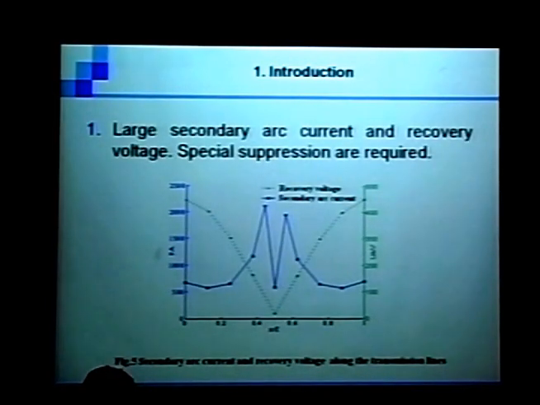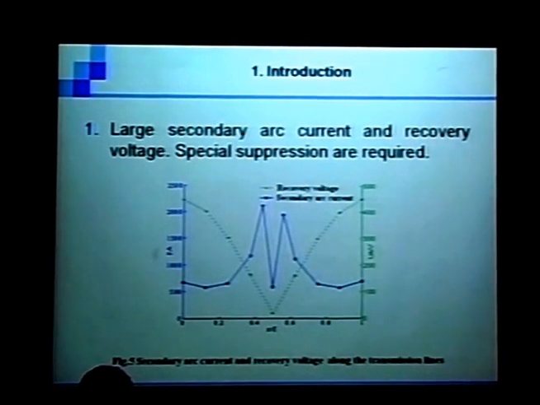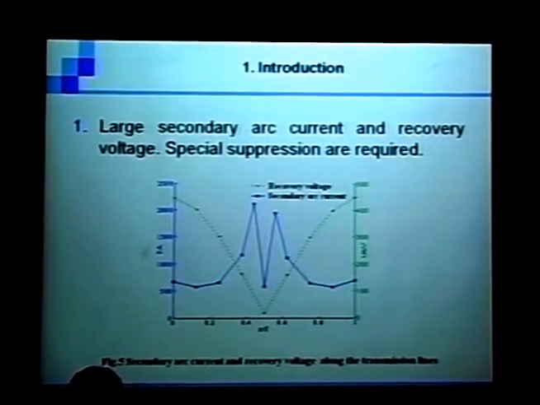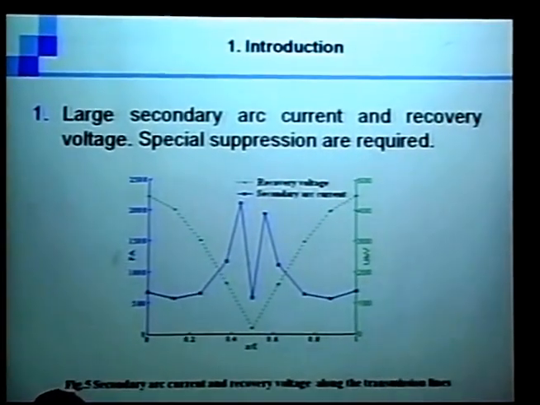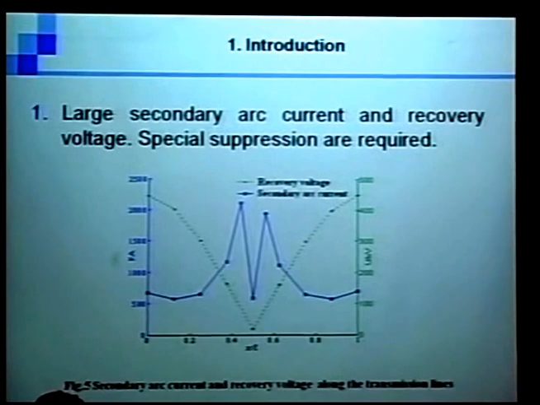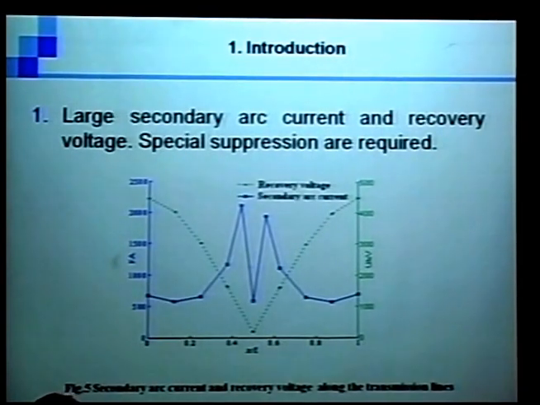Now this figure is based on a very simple simulation. You can see along the lines a large secondary arc current, for example, maybe over 1,000 amperes. So that's to say we must take special suppression measures to limit the current.